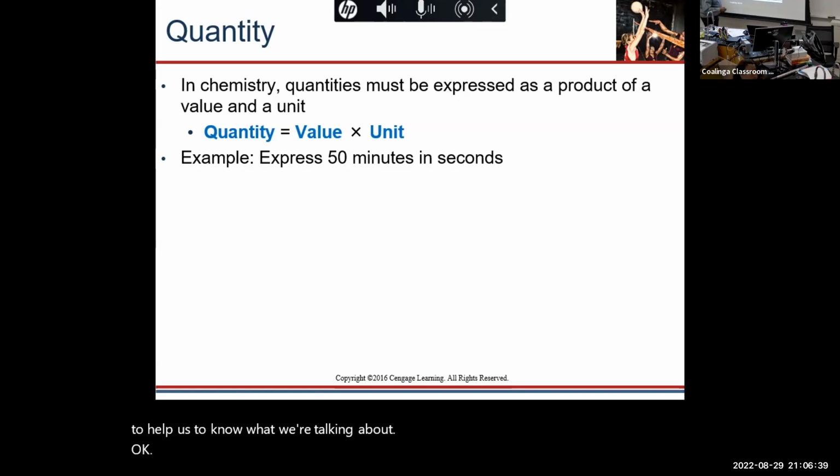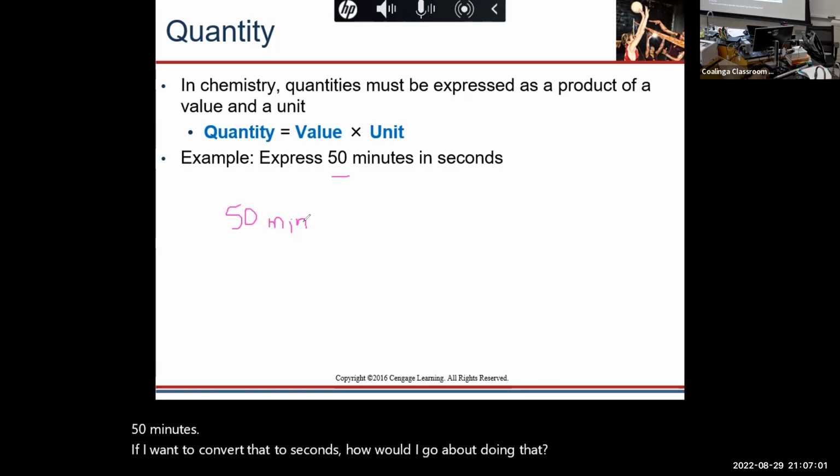Now, the quantity is 50 minutes. If I want to convert that to seconds, how would I go about doing it? Times it by 60. Okay, I multiply it by 60, right?